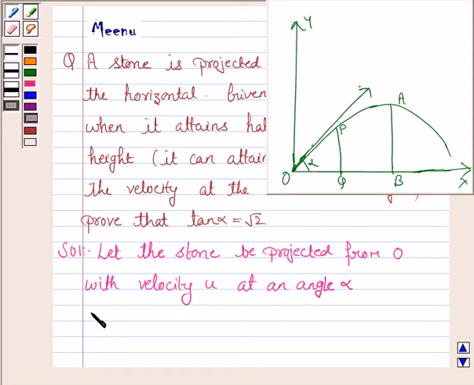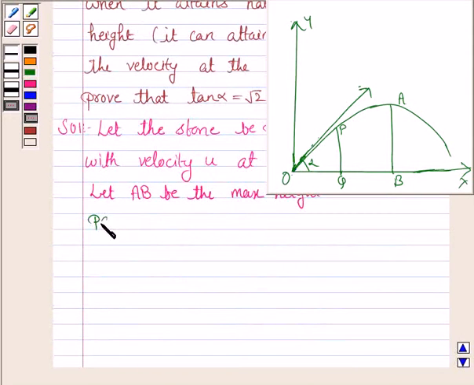Now let AB be the maximum height and PQ be half the maximum height.